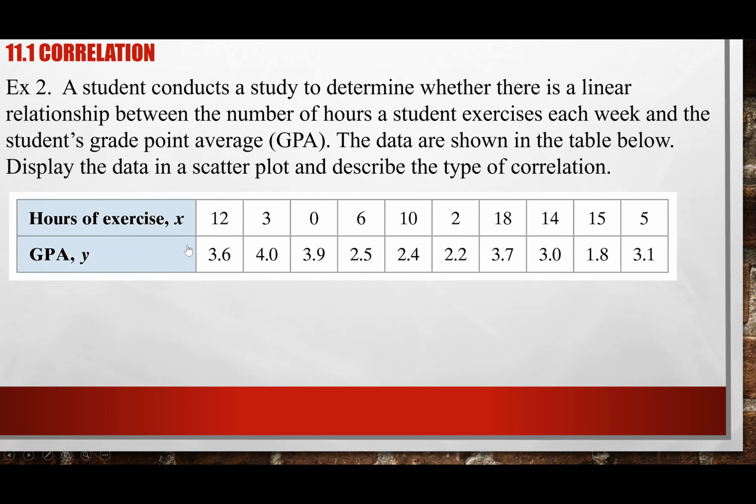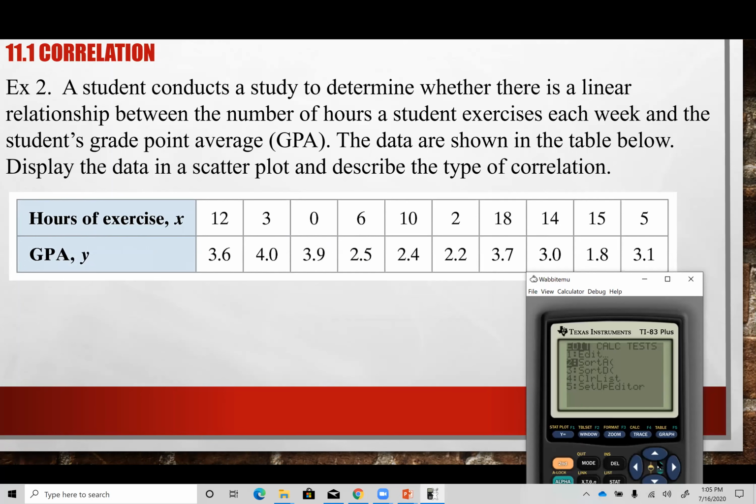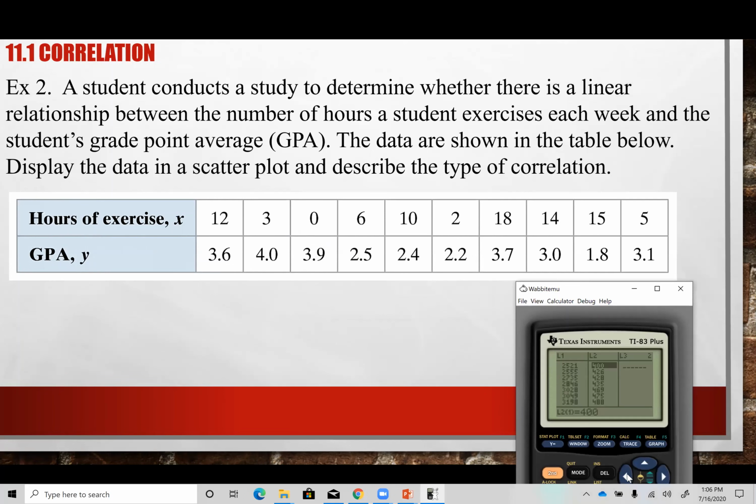So again, to do this, the first thing we need is to enter in your data. You have to enter in your data, which is your L1 and L2. So let me enter in my data here. My L1, I have to enter in the 12, the 3, the 0, the 6, the 10, the 2, the 18, the 14, the 15, the 5, right?